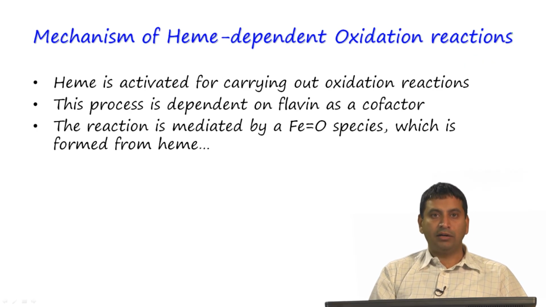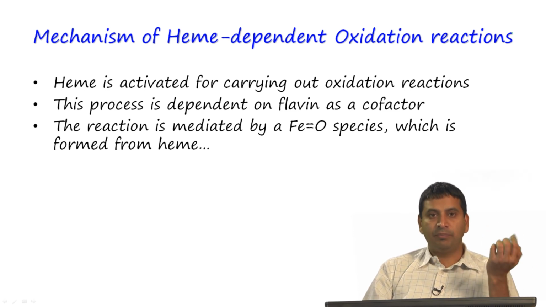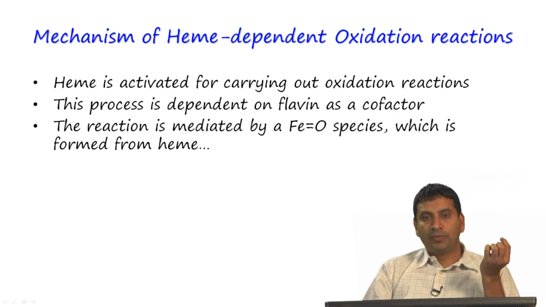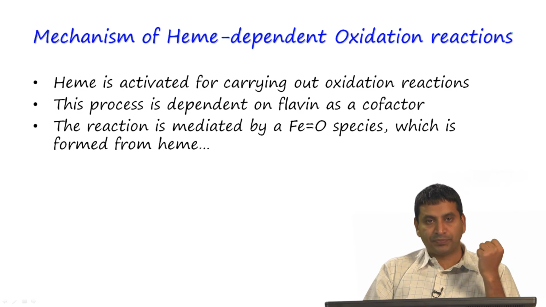Now, we will look at the mechanism of heme dependent oxidation reactions. Heme is a very important part of, as we looked at previously, cytochrome P450. They are heme containing proteins, and it is useful to carry out many oxidation reactions, and of course, this process is dependent on flavin as a cofactor. Okay.